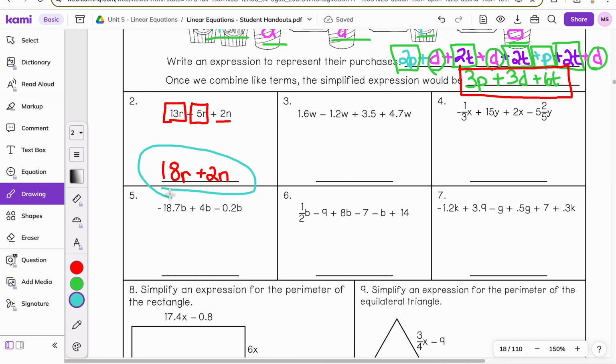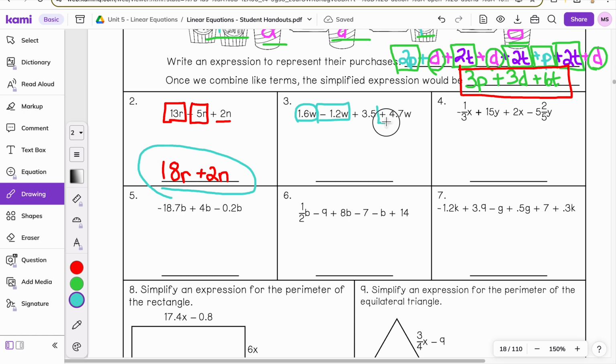All right, so let's see. Hopefully you tried a couple of these. I'm going to start by color coding. So I have a W. Be careful now, this is a minus a W. So that's important. I want to take that minus sign with it.